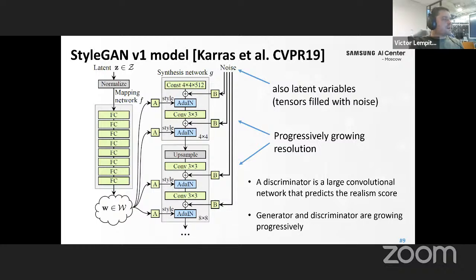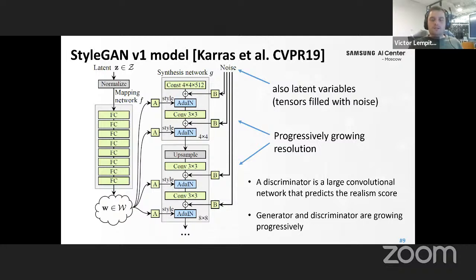So we take W and we multiply it by different matrices, denoted here as A. And after each convolutional normalization in the convolutional trunk, we rescale and shift convolutional maps by the coefficients predicted from the vector W by this matrix multiplication of matrices A. And in the end of the convolutional part, we get a high resolution tensor with 3 color channels that is a color image.